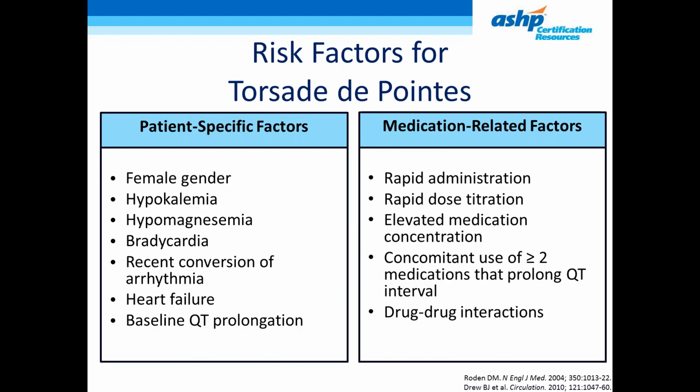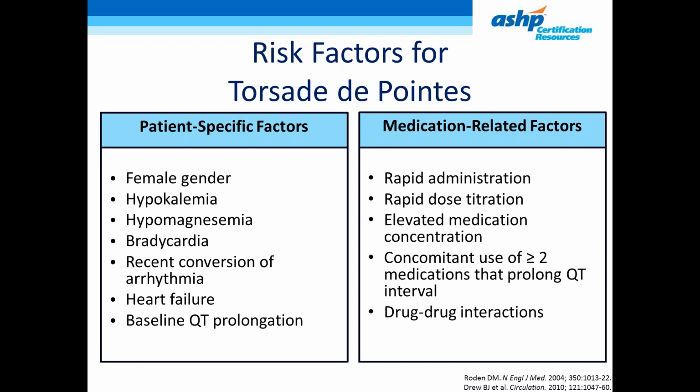If we look at some of the risk factors for torsades, ventricular arrhythmia, we have patient-specific factors and some medication-related factors. Some patient-related factors are female gender, hypokalemia, hypomagnesemia, bradycardia, recent conversion of a different arrhythmia, heart failure, and then patients with a baseline QT prolongation, either genetically or because of medications they're taking.